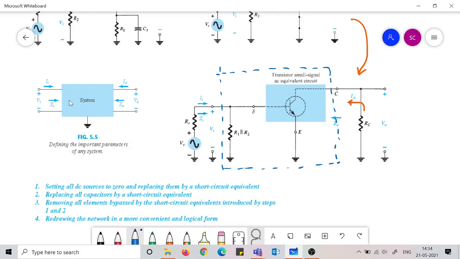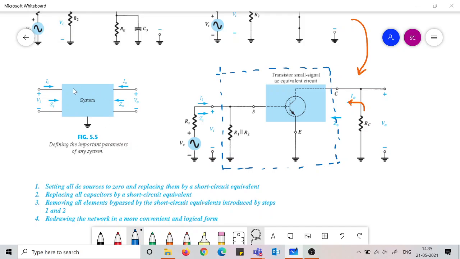So we don't need to know what exact configuration is inside the network. Whoever has built that configuration, if they supply us with the information of what is Zi and Z0 and what is the voltage gain, then we can simply treat it as a two-port system and do our work.